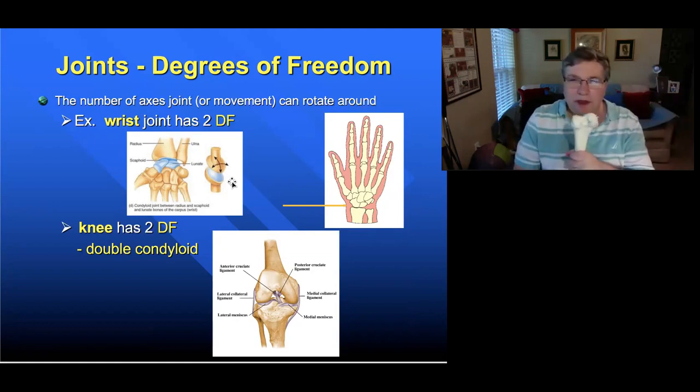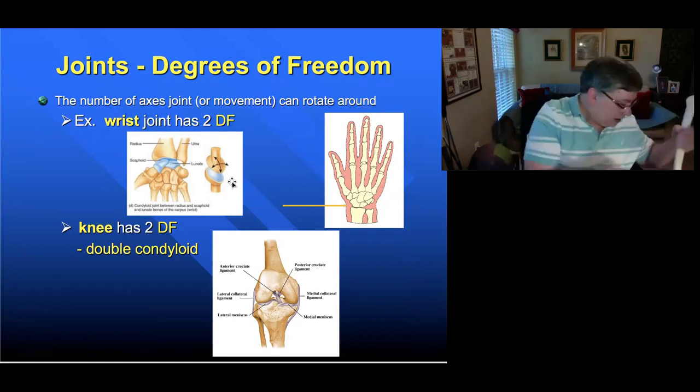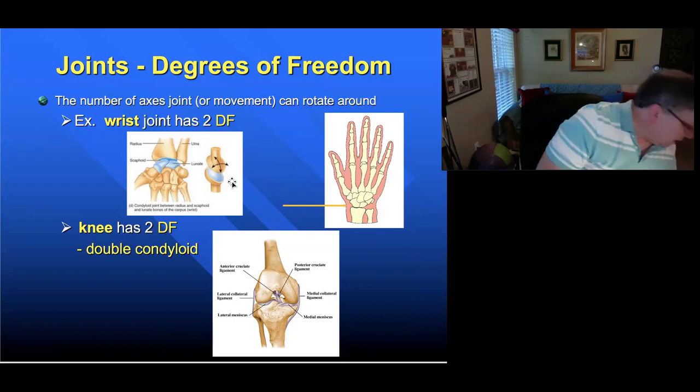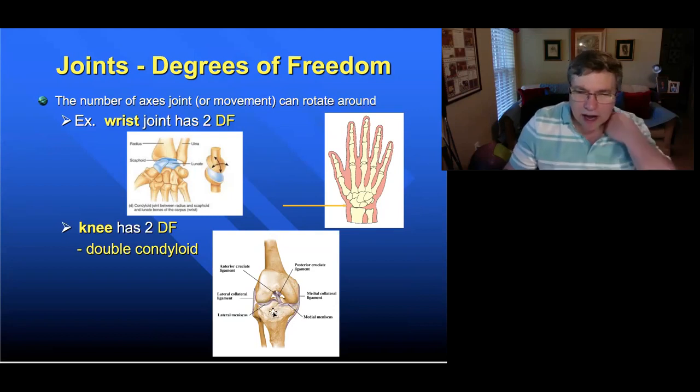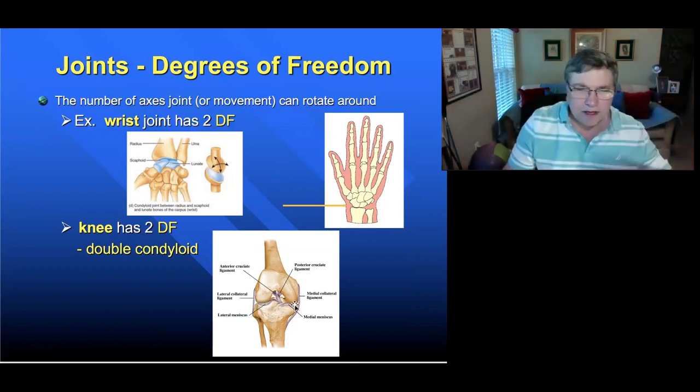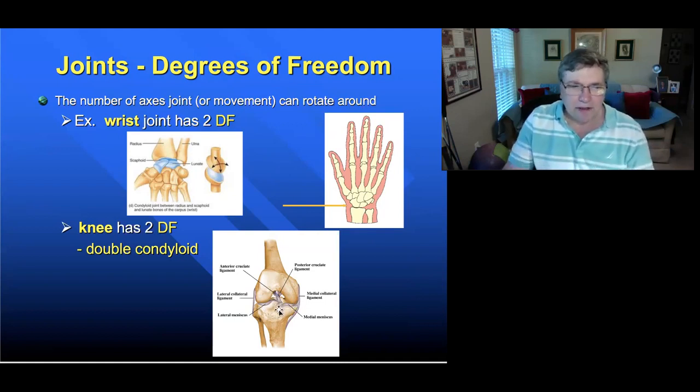Now, the interesting thing about the knee joint is the knee joint is not a hinge joint. A lot of people think about it as the hinge joint. Here's the femur. There are two epicondyles that are going to interface or articulate with the tibia and the fibula. So most of the contact is going to be right on top of the tibia. There are two indentations on either side, an intercondylar eminence in the middle.